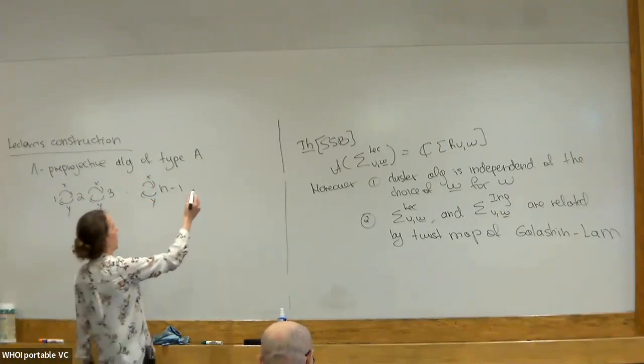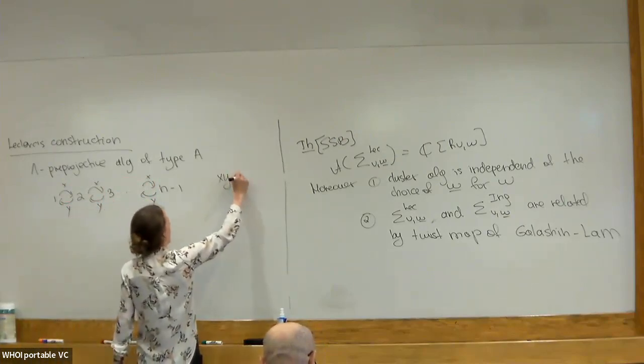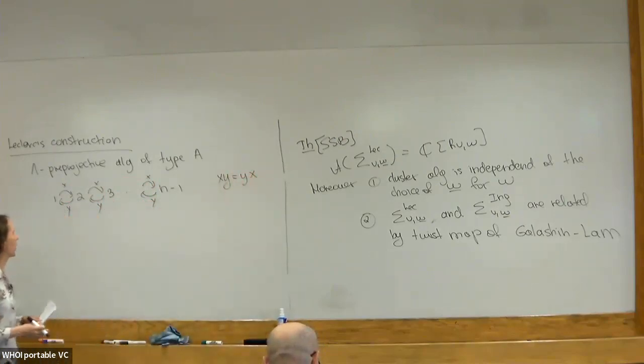Then the relations are, let's say, xy equals yx. What this means is, if I look at a vertex which is not on the end, if I apply x and y, it should be the same as doing yx on the other side. And if I'm at the end, xy, well, there's nothing on this side, so this would be 0. Okay, so those are the relations. And so what do we do here?